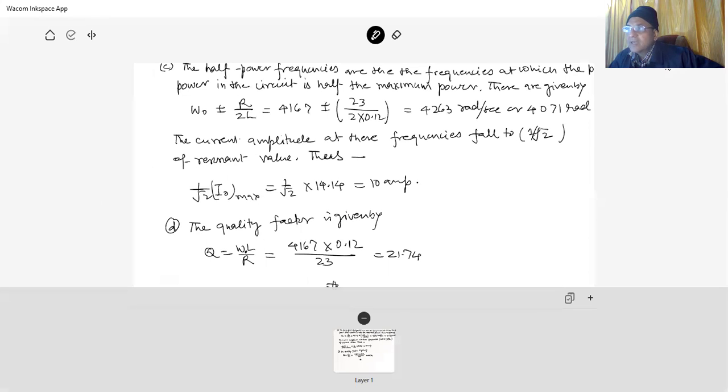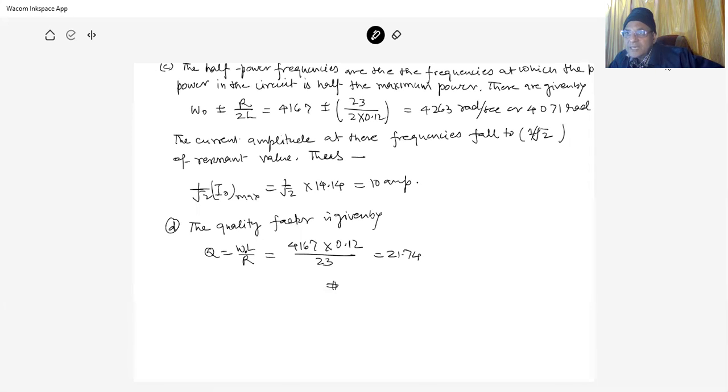The remaining part is the half power frequencies, which are the frequencies at which the power in the circuit is half the maximum power. These are given by omega 0 plus or minus R by 2L, that is 4167 plus or minus 23 upon 2 into 0.12 Henry.